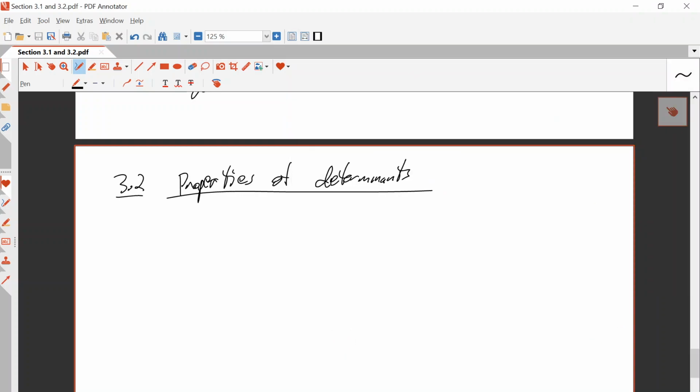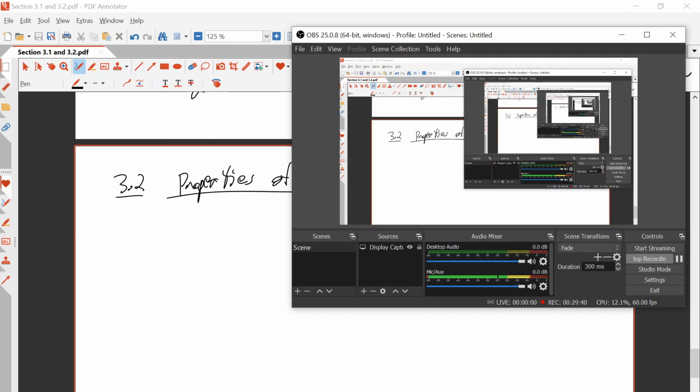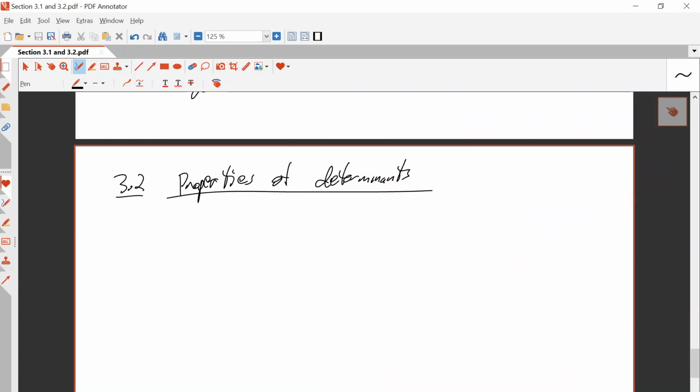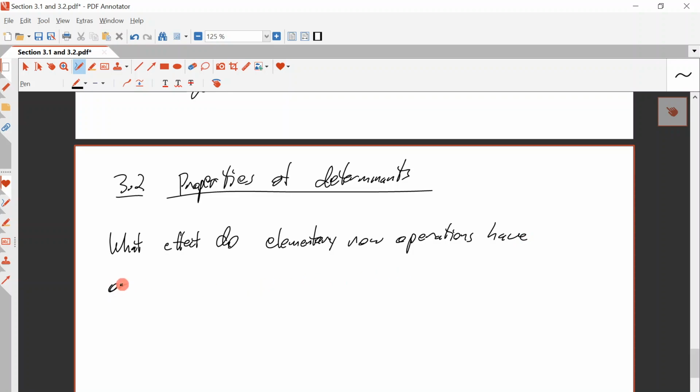So the main question that we want to ask ourselves here is what effect do elementary row operations have on determinants?